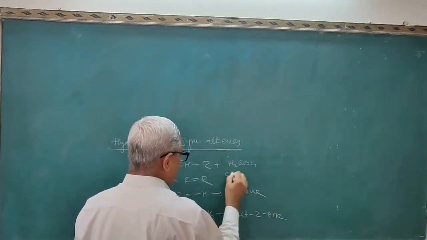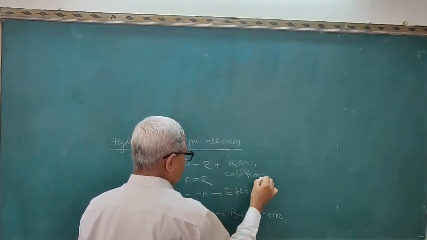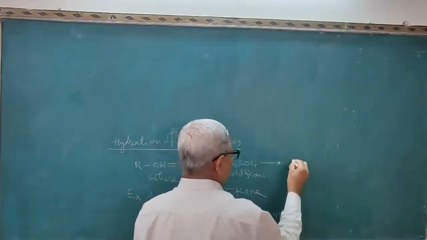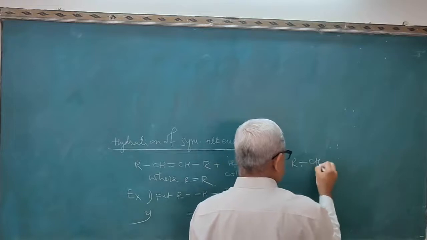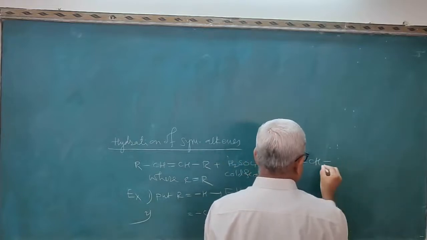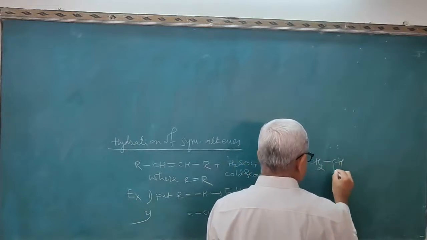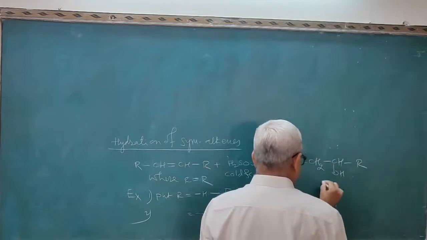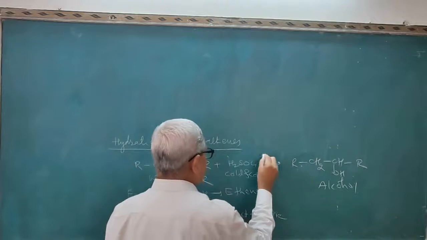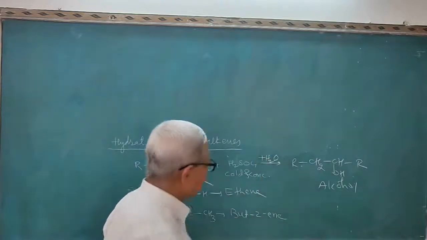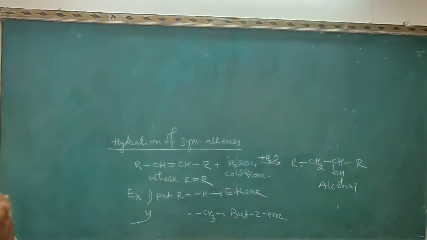So you will get the structure R-CH2-CHOH-R, and you will get this alcohol. So addition of water will take place during this reaction. Addition of water.